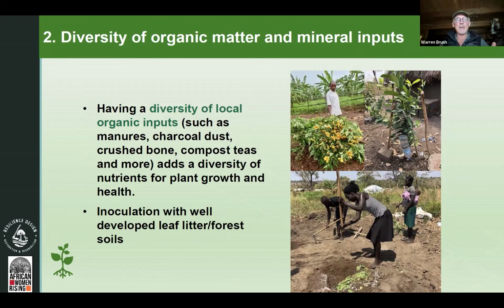So, diversity of organic matter, I talked a little bit about that, and then also mineral input. There's the double digging, but how we embed organic materials into it is very important. We also, in the topsoils, do a mix of dried compost and dried manures to have some more nutrients near the topsoil as well.